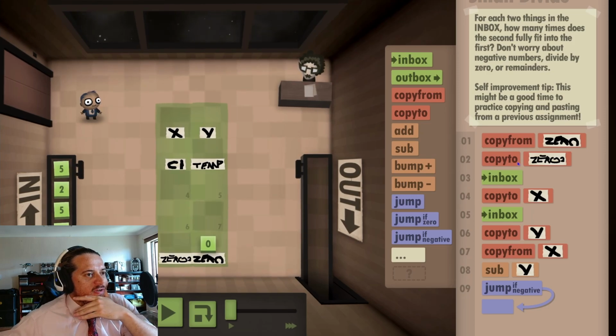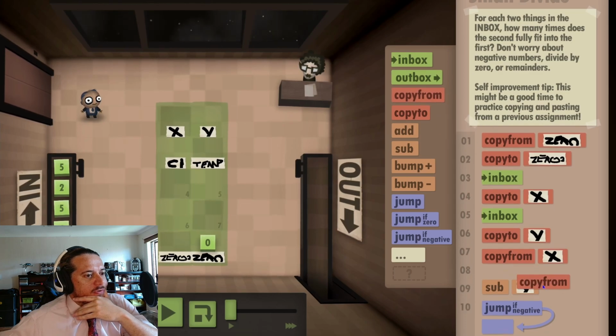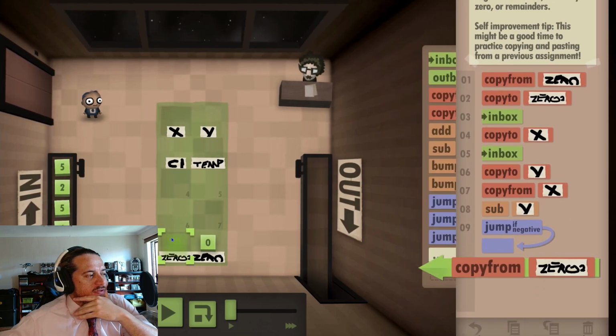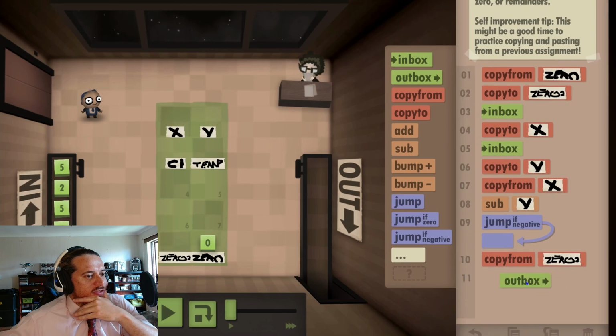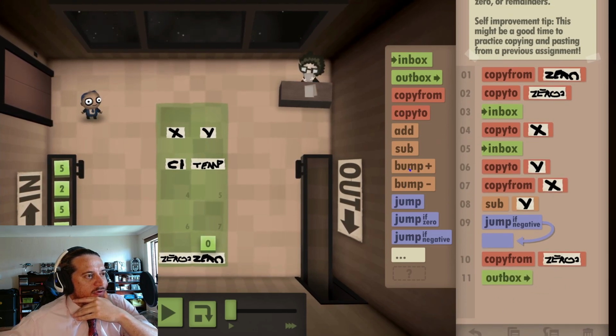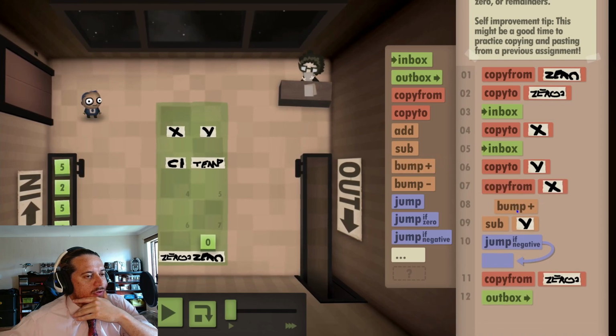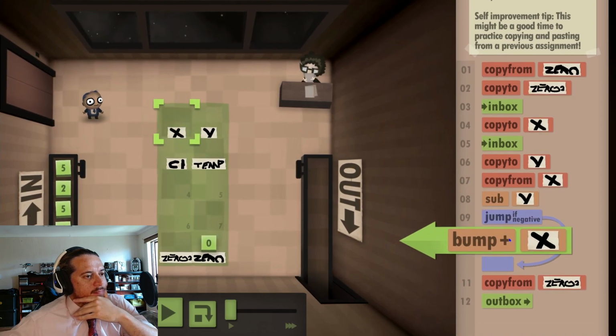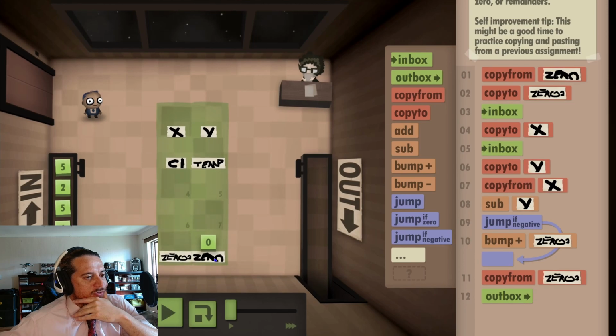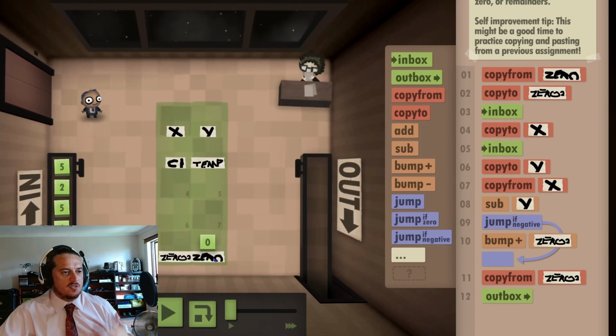So if negative, we're going to copy from 0, 2 and go straight to the outbox. If positive, I'm going to bump 0, 2 at 1.